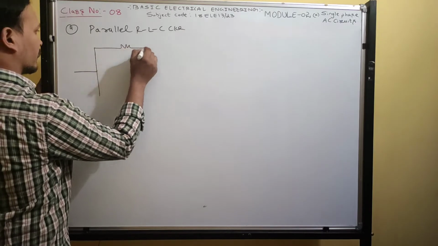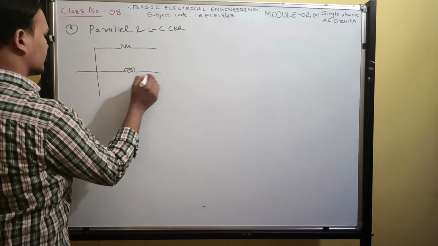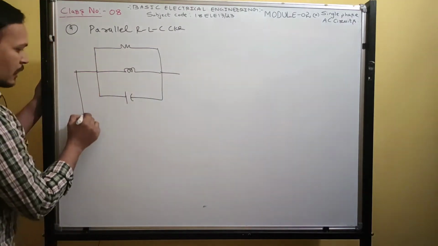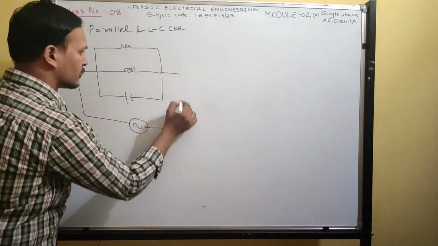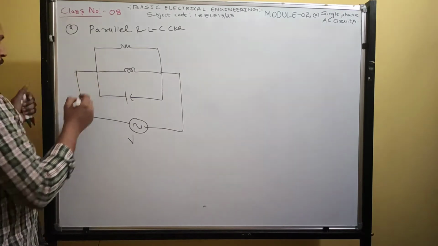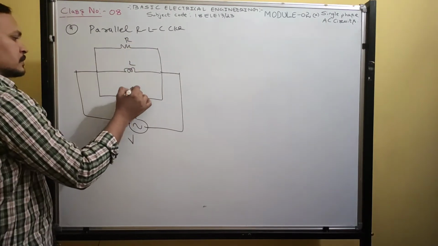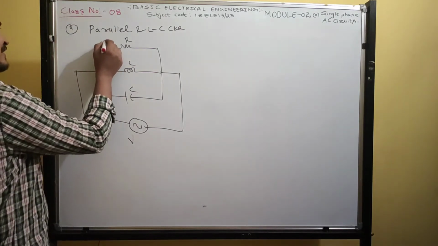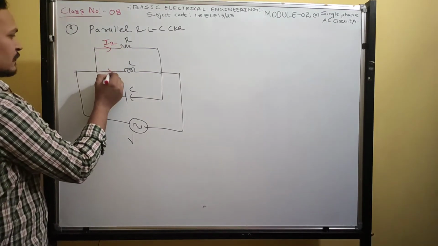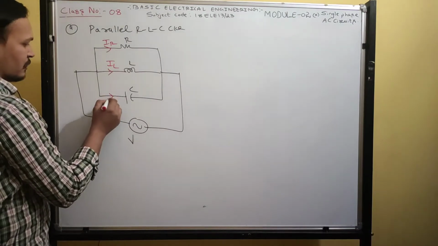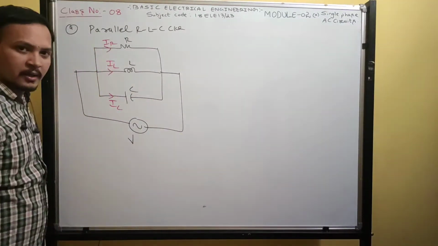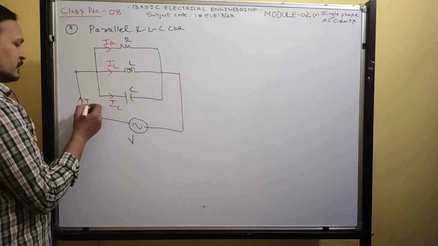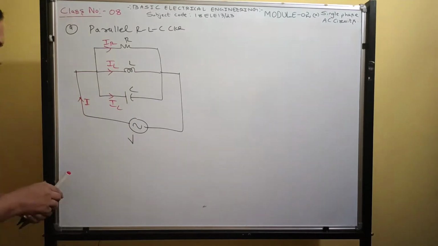It consists of resistance, inductance and capacitance, all connected in parallel across the supply voltage V. What is the current flowing through the resistor? IR. Through the inductor? IL. Through the capacitor? IC. And this is the supply current I.